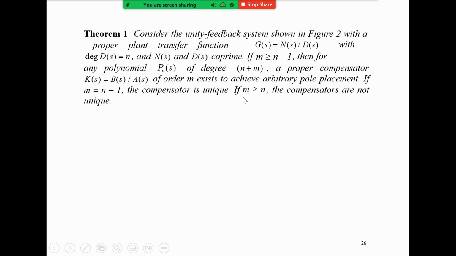We always have a solution. If you just want one solution, then we put the degree of the controller to be n minus 1. There is only one solution. If the degree of the controller is more than n minus 1, then you may have multiple solutions.